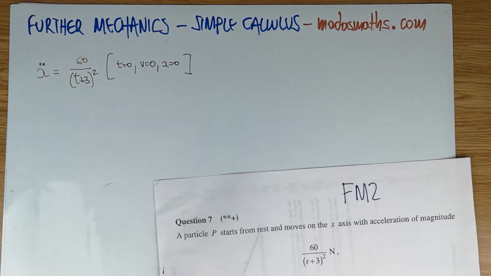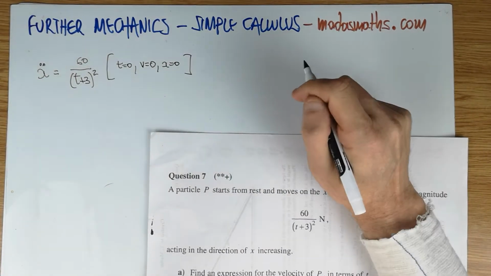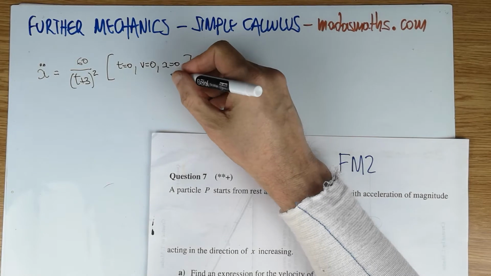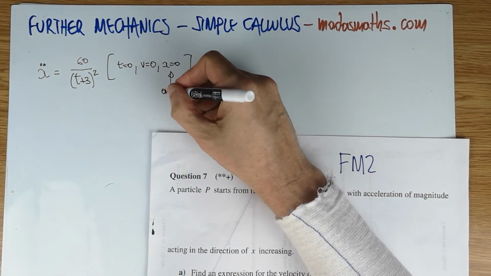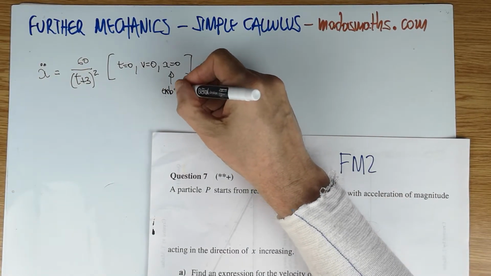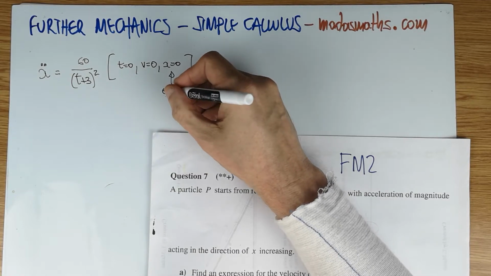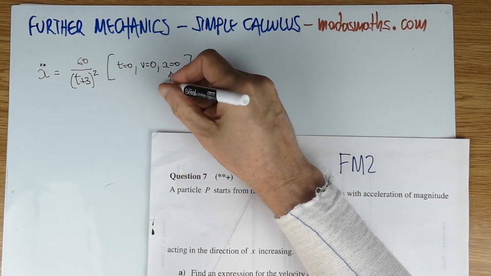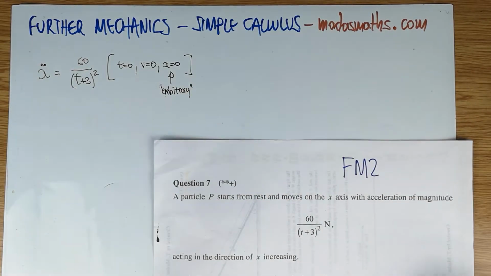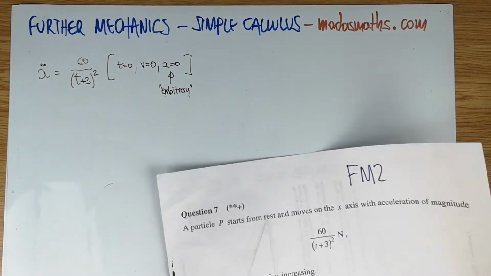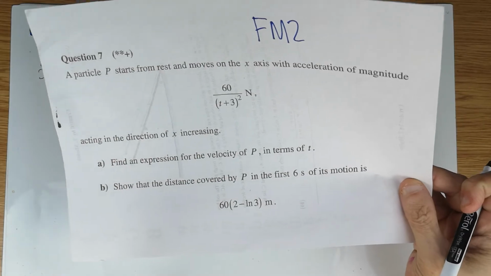I apologize for my cough, as per usual, this is arbitrary. I can decide to call the origin at the place on the x-axis where I set the clock equal to 0, unless it's giving me a specific condition, which it doesn't here.